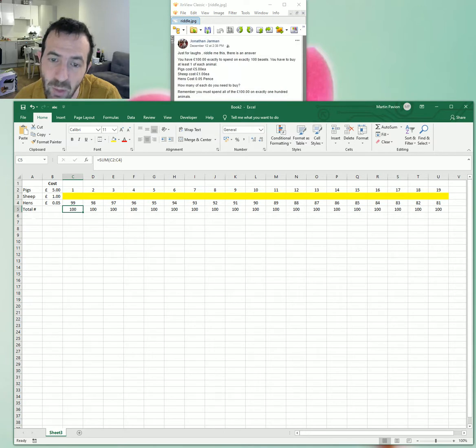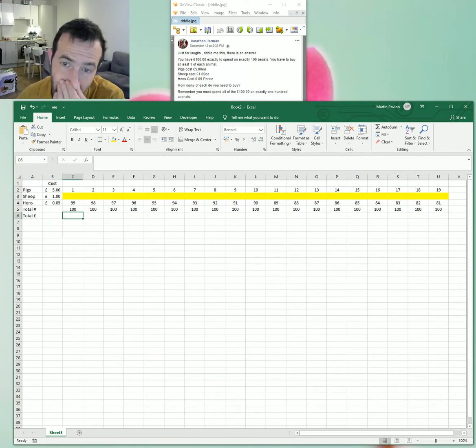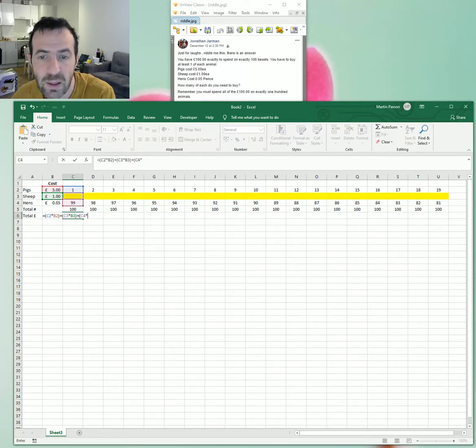Okay, but the other thing we need to find is the total cost. Now the total cost we would calculate by the number of pigs times the cost of the pigs plus the number of sheep times the cost of sheep plus the number of hens times the cost of hens.